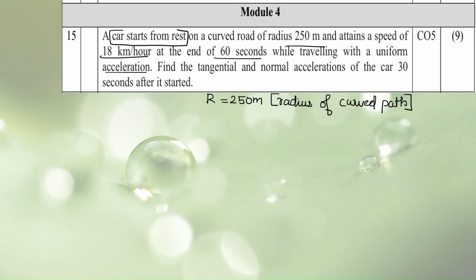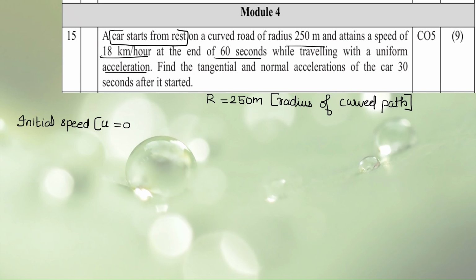If the car is starting from rest, the initial speed u is equal to 0. Since it is starting from rest, u is equal to 0. And it is given that on a curved road it attains a speed of 18 km per hour at the end of 60 seconds.